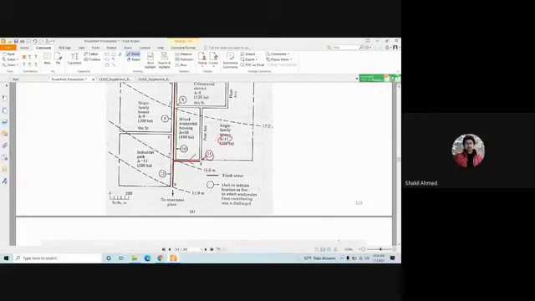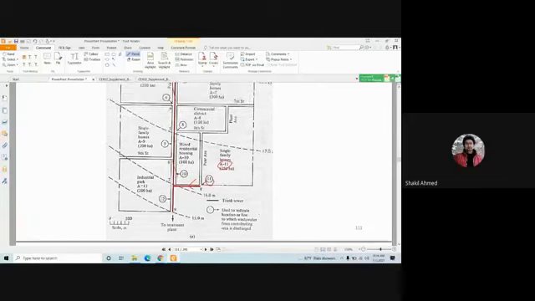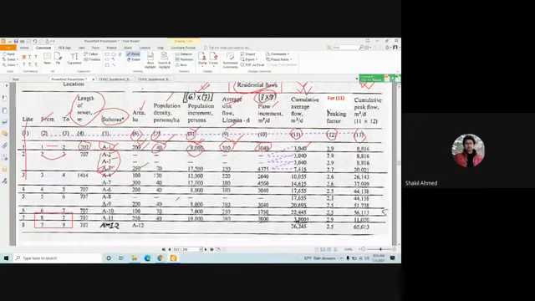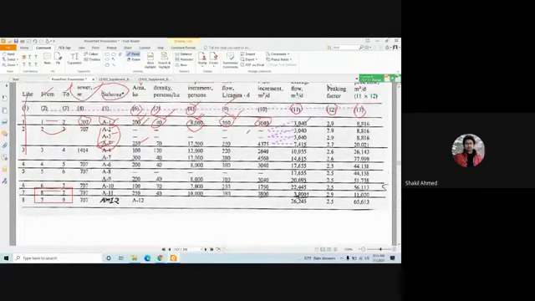Now, in this pipe, is the contribution from 6 to 7, 4 to 6, or 4 to 5, 5 to 6 coming? No, right? This pipe is contributing into this pipe, but these pipes are not contributing here, into 8 to 7. That's why we have written it like this.